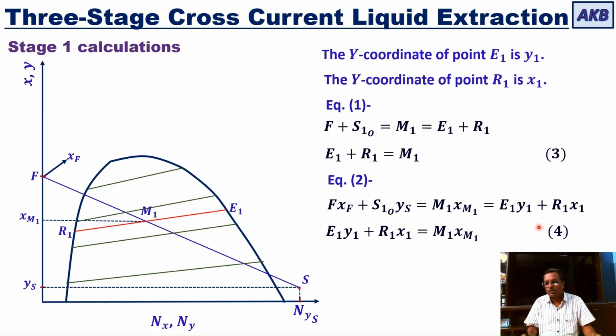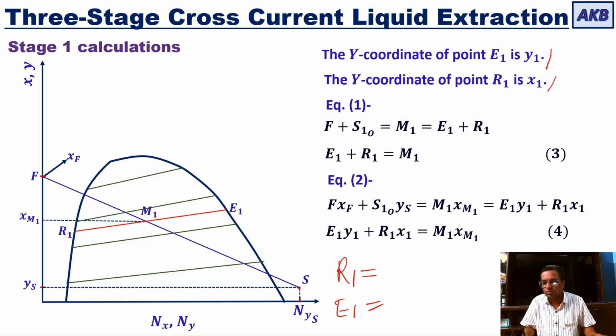So you have two equations and two unknowns. You can solve those two equations simultaneously and get the values of R1, the quantity of raffinate out of stage number 1, and E1, the quantity of extract out of stage number 1. So at the end of calculations for stage number 1, you know Y1 and you know X1.